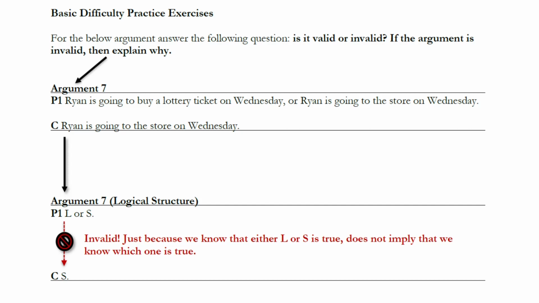If we know that L and S are true, then we can conclude that either of those statements is true. However, if we only know that L or S is true, then we know that at least one of the statements is true, but we do not know which one of the statements is true. Therefore, we cannot yet conclude that S is true. We cannot yet conclude that Ryan is going to the store on Wednesday.